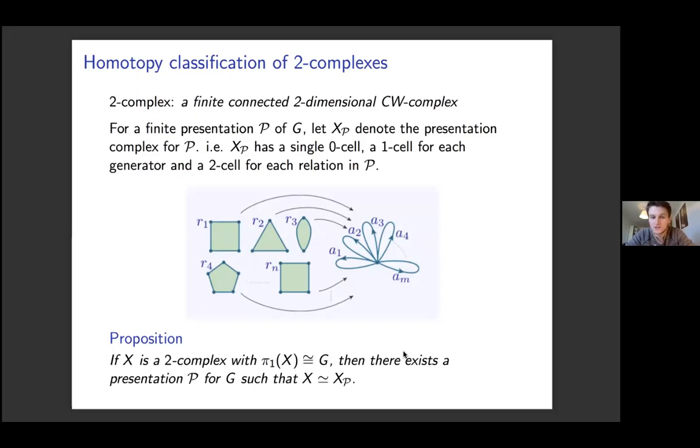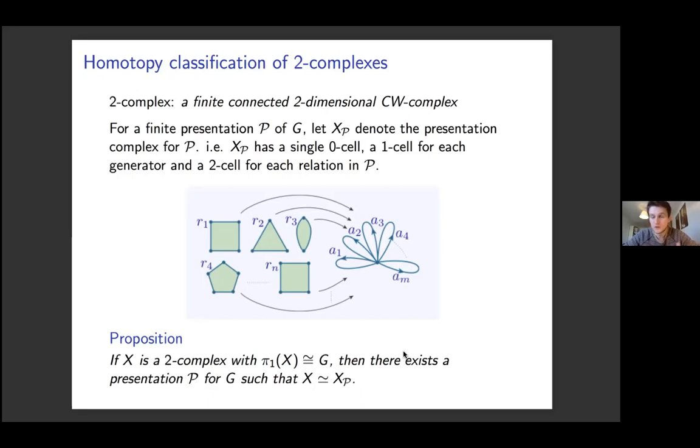The idea is you take an arbitrary two complex, and you can always find a spanning tree of the vertices. If you contract that spanning tree to a point, you get a homotopy equivalence from X to a two complex with a single zero cell. And a two complex with a single zero cell is equivalent to a presentation in the data that it makes up, and so corresponds to one.